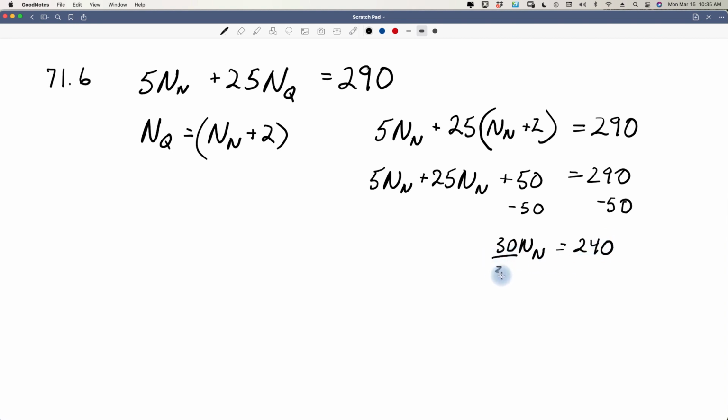We're going to divide both sides by 30. And we're going to reduce this fraction before we divide because we can. We're going to reduce it by 10. That gives us n, number of nickels, is 8.